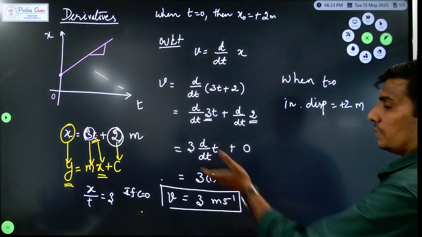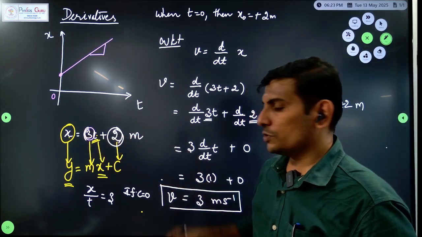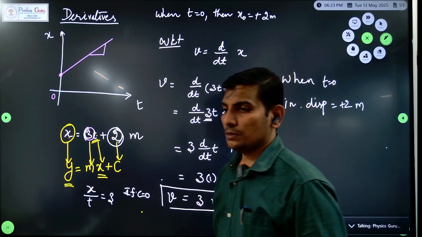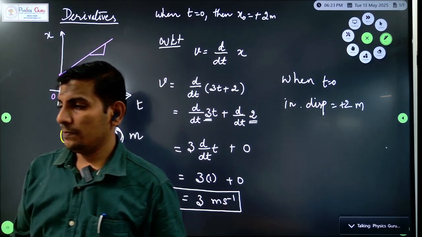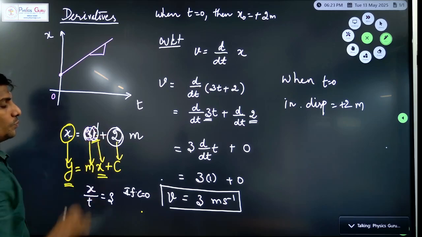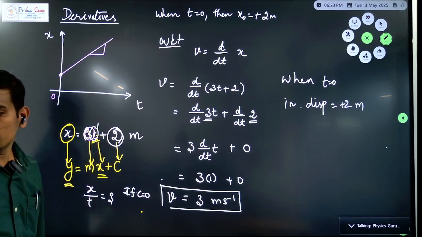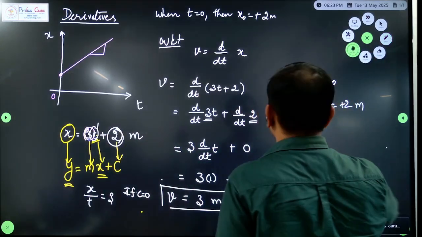And what is the order of this equation which we have taken? x is equal to 3t plus 2. What's the order of this equation? 1. Very good. It is 1, because the power of the time is 1. Power of the variable is 1. Got it? Yes.